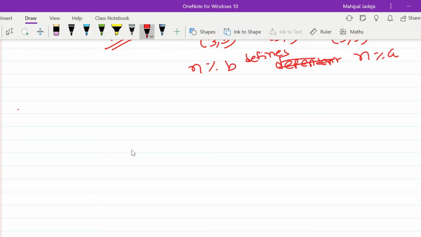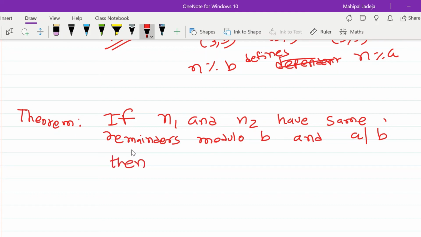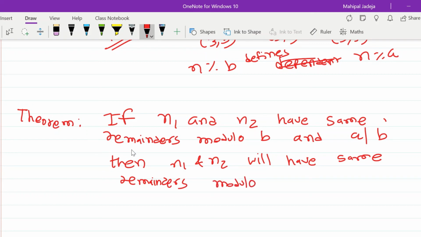So the first result, or first theorem, is: if n1 and n2 have the same remainders after performing this modulo b operation, let's say, and the second condition is a divides b, then we can say that n1 and n2 will have the same remainders with respect to modulo b operation, modulo a operation also.